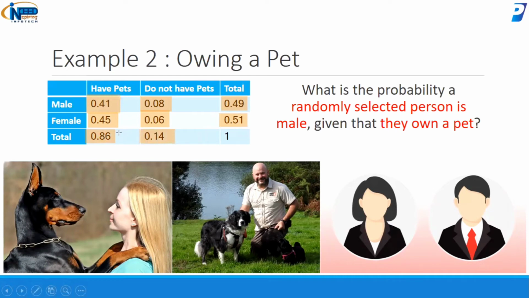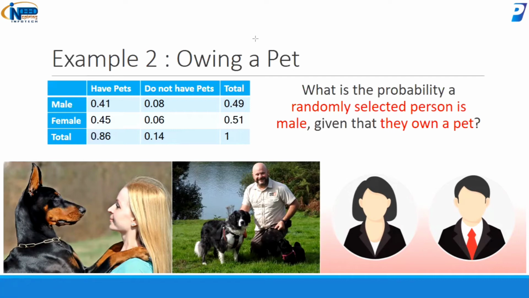If you do the sum of 86 and 14, or the sum of 49 and 51, it comes to 1. It will always become 1. Now, what is the problem statement here? What is the probability that a randomly selected person is male given that they own a pet?